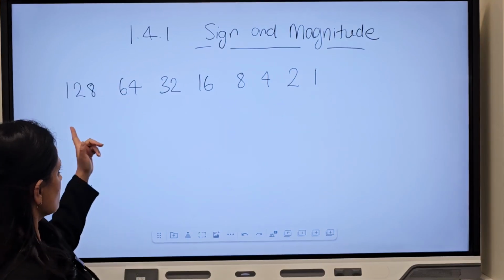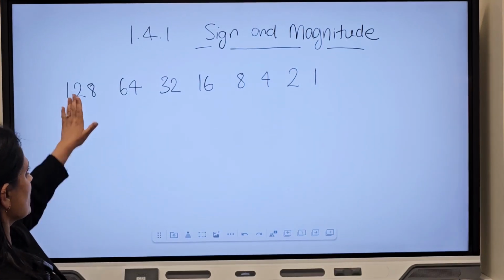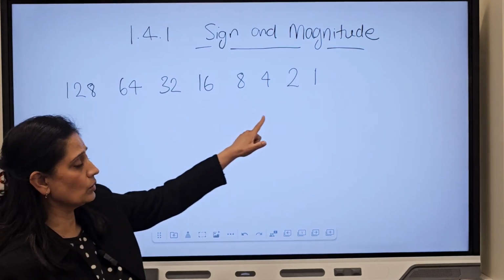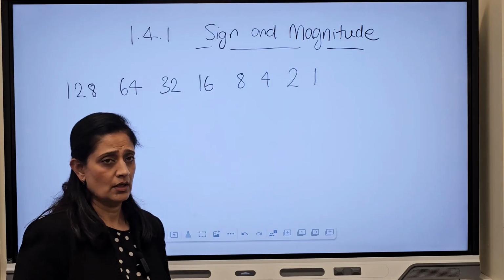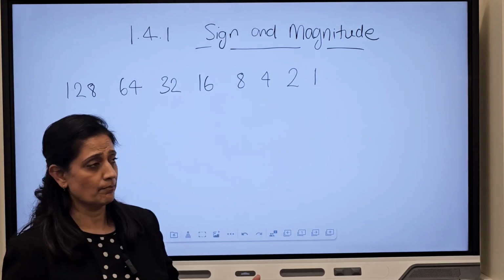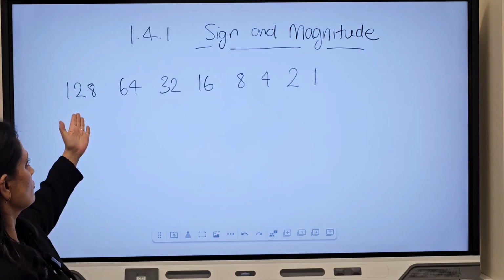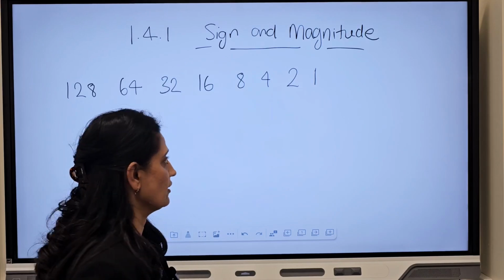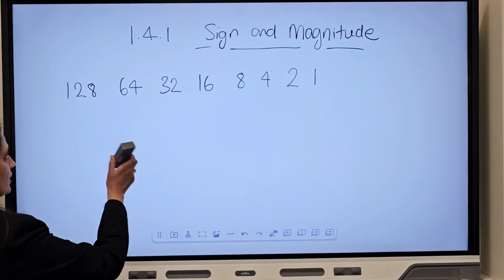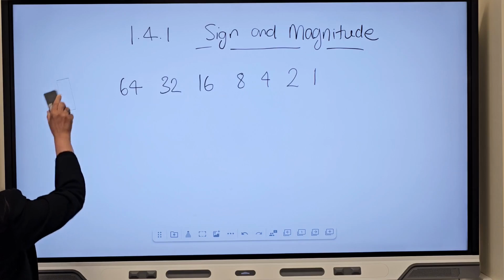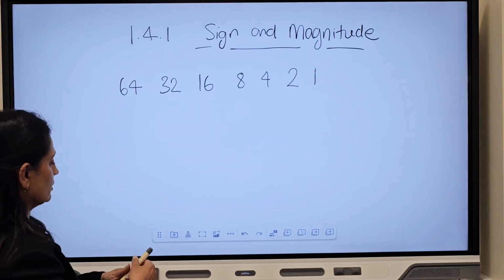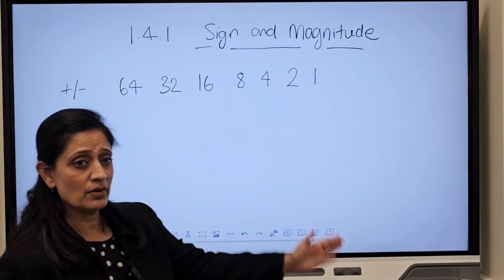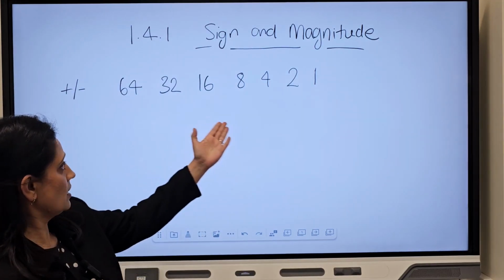Just to refresh ourselves, before I change the most significant bit to the sign, if I had ones all the way through, that would give us a maximum positive number of 255: 128 plus 64 plus 32, 16, 8, 4, 2 and 1. But when we get rid of that most significant bit and put a sign there, suddenly we've slashed the number in half.